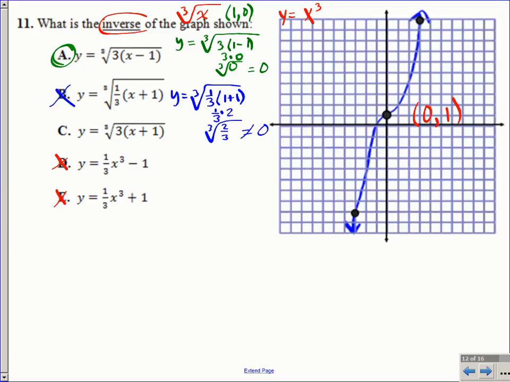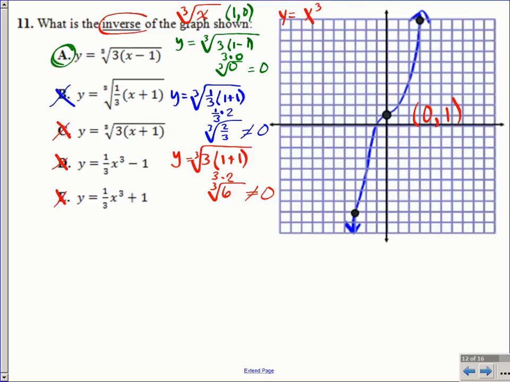And the last one I'm going to look at, option C, y equals 3 cubic root of 3 times 1 plus 1. Well, again, 1 plus 1 is 2, times 3 is 6, cubic root of 6, again not equal to 0, so it can't be C either. So the answer here is A, and that's really the best way to try and figure that one out.